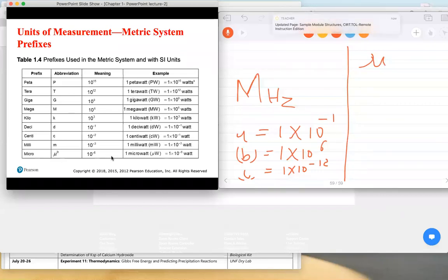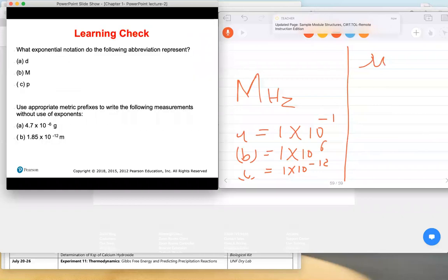Sierra, thank you. All right, so here is question 2. I'll write this as 4.7 micro. You'll say this is microgram. You see how I'm changing this? It's because times 10 raised to 6 stands for micro.